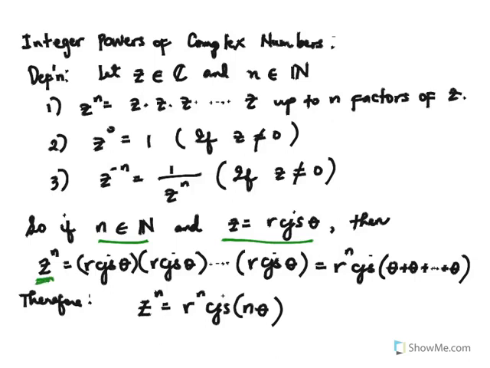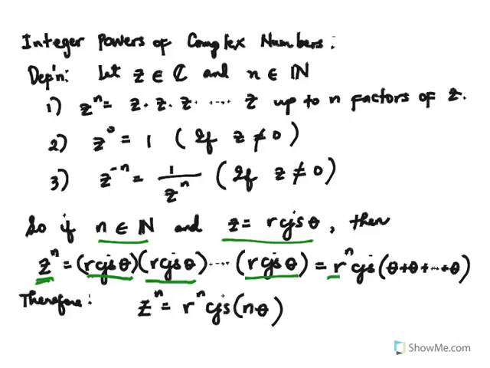And if n is a natural number and z is r CJS theta, then if we want to raise z to the power of n, that's r CJS theta times r CJS theta times r CJS theta up to n powers of r CJS theta.